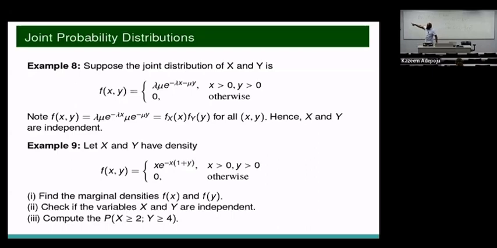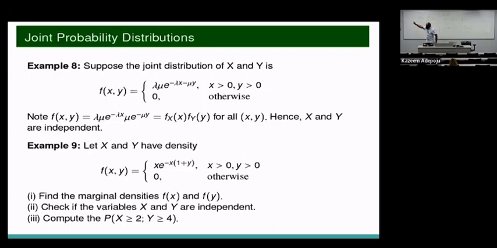Look at example 9 now. Example 9 says find the marginal density of f of x and f of y. That's super easy, right? You have a joint. You can get the f of x by integrating f of xy with respect to y using the range of y. You get the f of y by integrating the joint with respect to x using the range of x.